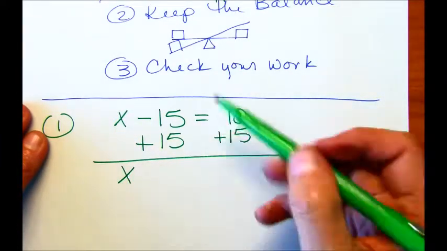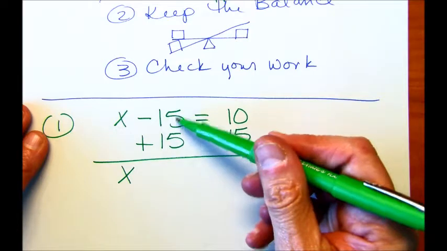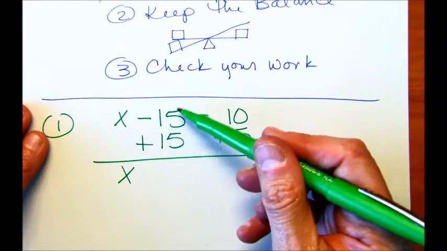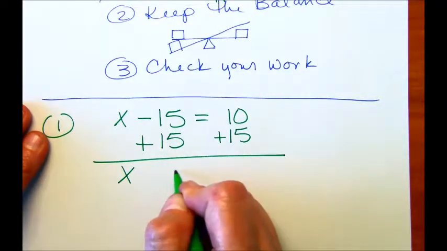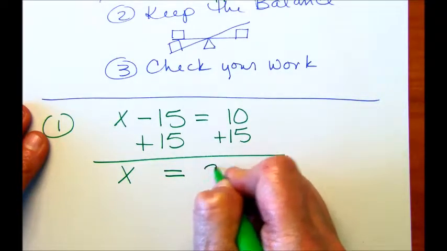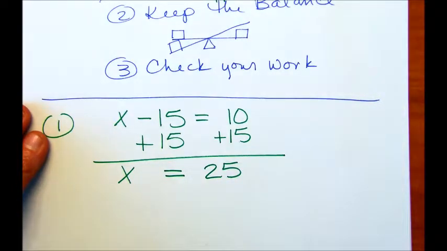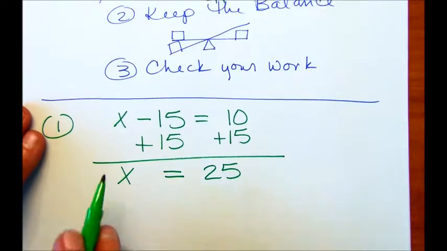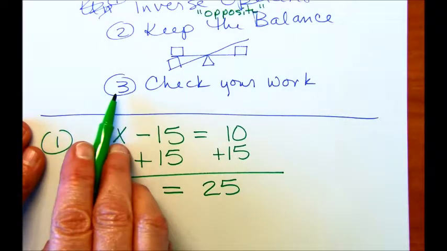X, and now I have a negative 15 and a positive 15. Those essentially cancel out, so I'm left with x equals, and then 10 plus 15 is 25. So the value of x is going to be 25 in this case. Now I want to do that last step. Check your work.